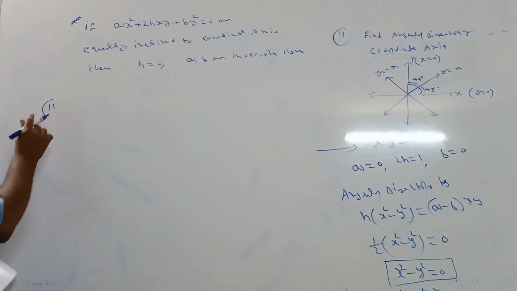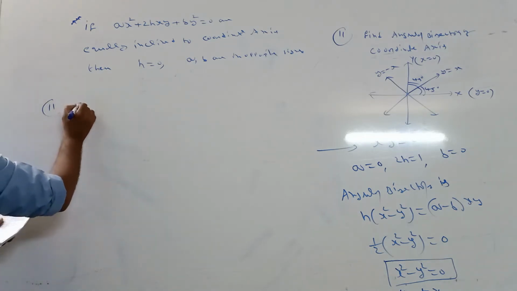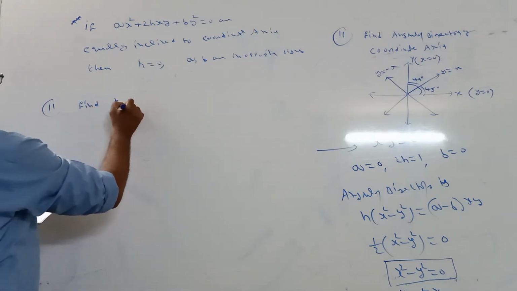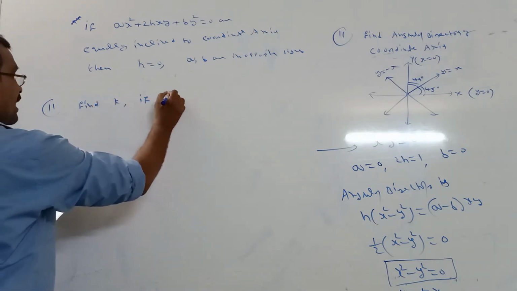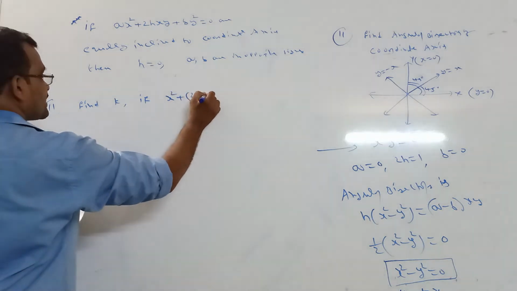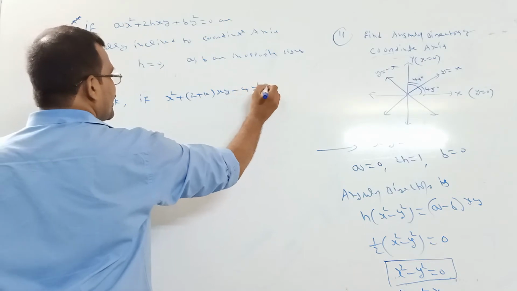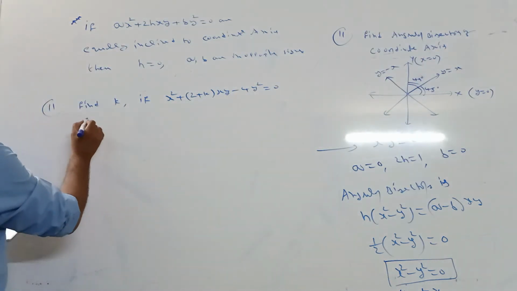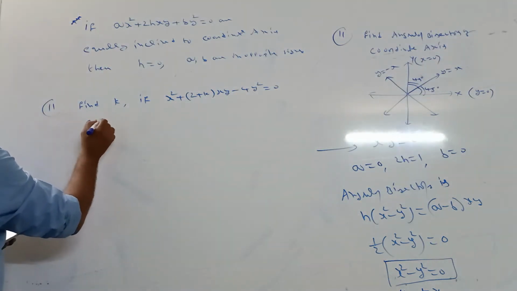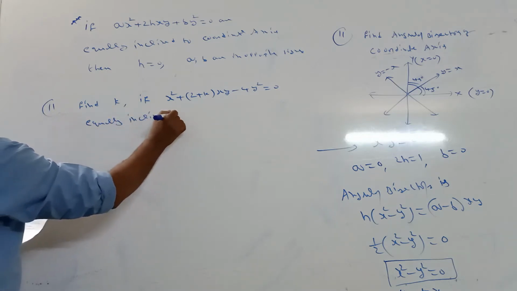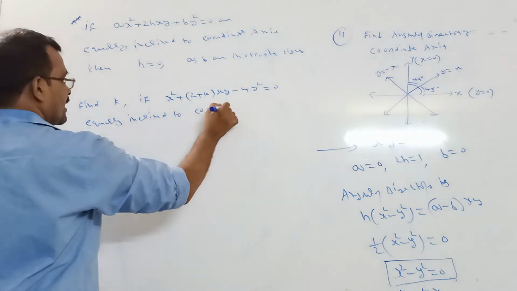One question: find k if x square plus (2 plus k) xy minus 4y square equal to 0 is equally inclined to the coordinate axis.